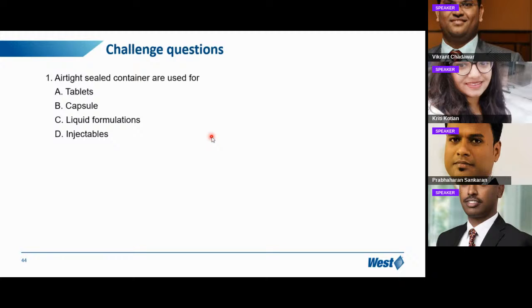Any answers? One has replied injectables. I request everyone to respond, because this is very important to know whether you understood this topic or not. The right answer is injectable, correct. In injectables, you need to have an airtight sealed container.